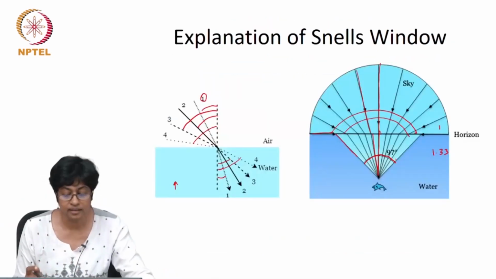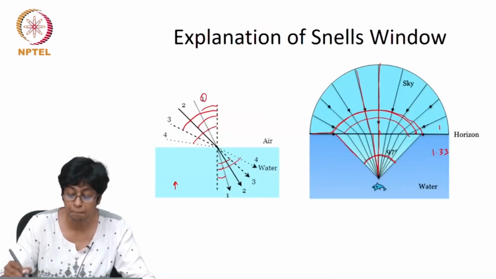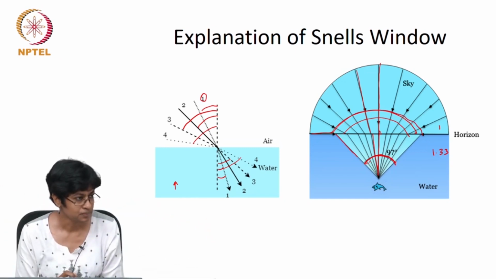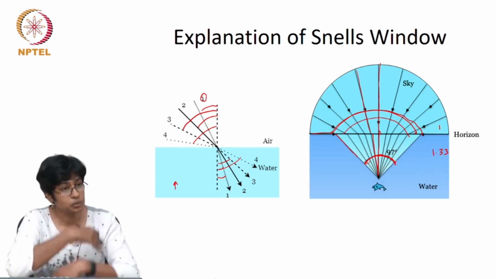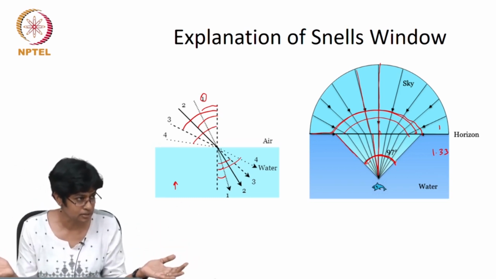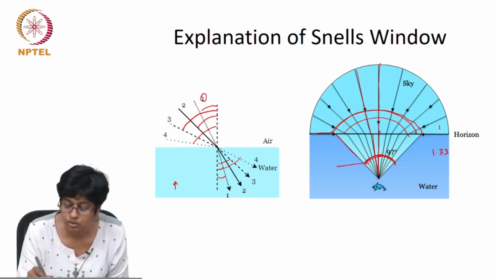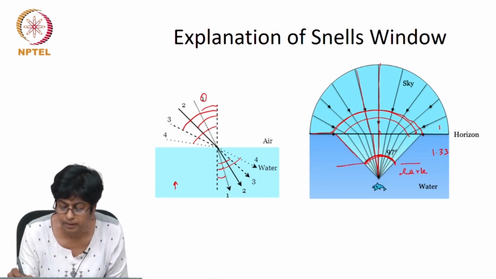So this entire range is compressed into a smaller cone of light. Of course, inside the water, you can see the full 180 degrees, but you will only see the image in this region, and therefore these regions will appear dark.